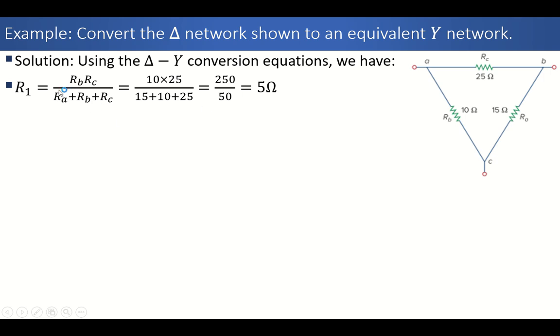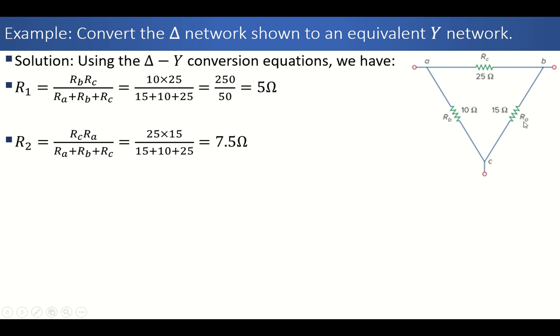So we simply plug in the values of RB, RC and RA. The value of RB is 10 ohm, multiplied by the value of RC which is 25, divided by the sum, 25 plus 15 plus 10. So this is 50. So 250 divided by 50 is 5 ohms. Similarly, R2 will be equal to RC RA divided by the sum of the delta network.